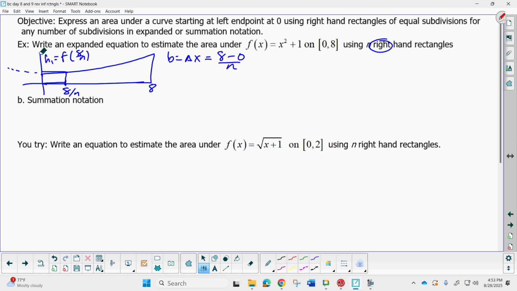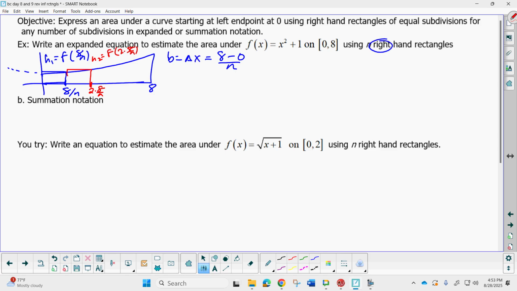If I then go another 8 over n over, the temptation is to say 16 over n, and that's true, but instead, looking for patterns, think of it as 2 times 8 over n. And if I draw the height there, height 2 is f at 2 times 8 over n.